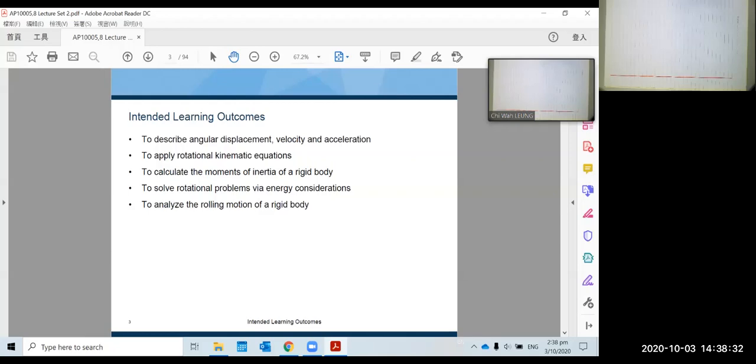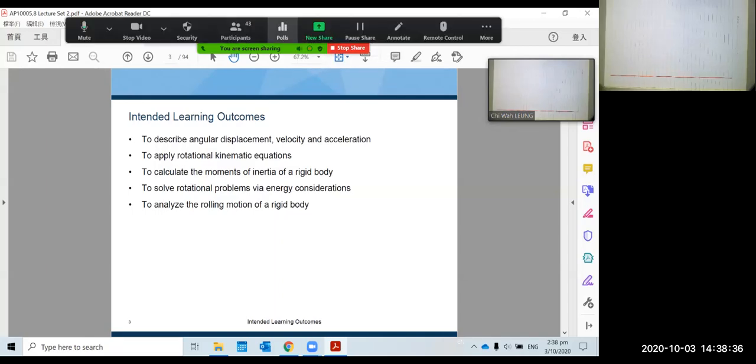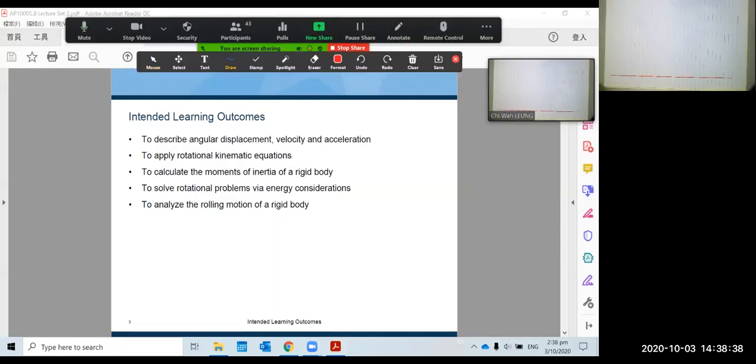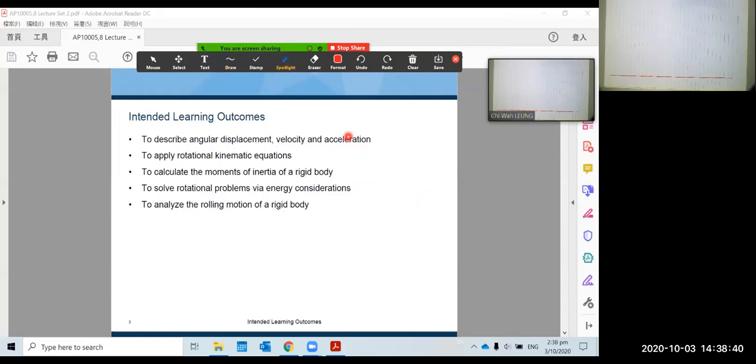They are the angular displacement, angular velocities, and angular accelerations. So these are the fundamental parameters that will be used to describe the rotational motion of an object, a rigid object, about a certain fixed axis.